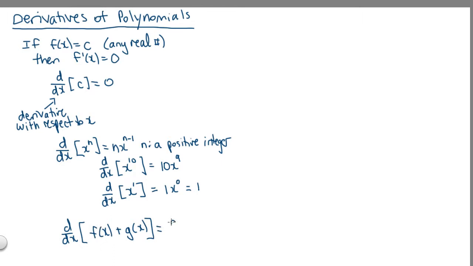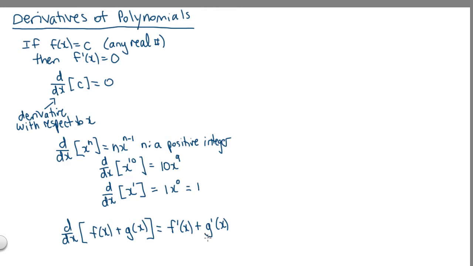So the derivative looks like f prime of x. Take the derivative of f first, then add on the derivative of g. So it'll be f prime of x plus g prime of x. So this is a very fancy way of writing the fact that we can take derivatives just one term at a time.